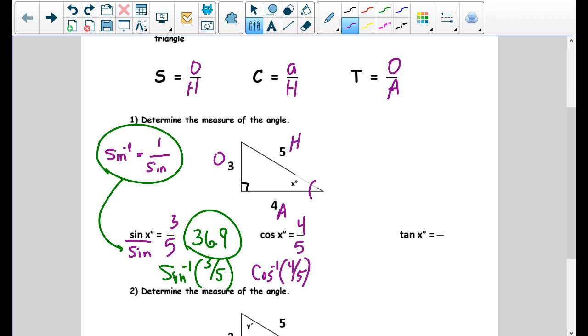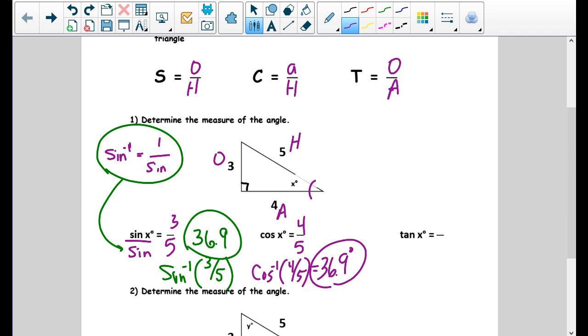And we should get the exact same answer, right? Because the angle didn't change. 36.9. Okay. Again, if you don't get 36.9, let me know.